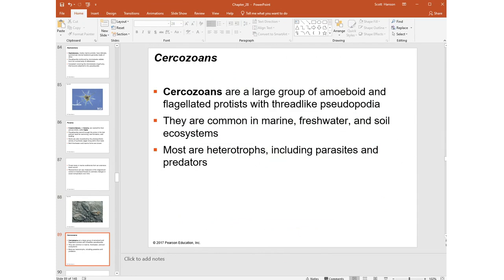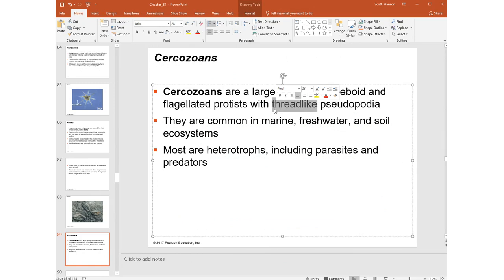They're amoeboid, so amoeba-like. There are some that are amoeboid and some that are flagellated. And they have thread-like pseudopodia as well. They're either marine, freshwater, or even in soil. And most are heterotrophs. And usually a lot of them are parasites or predators.